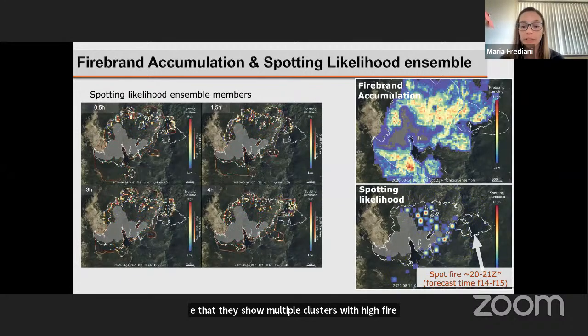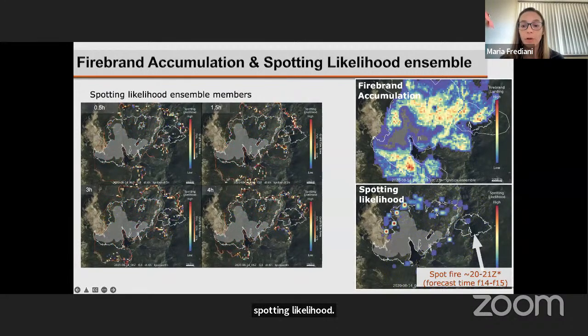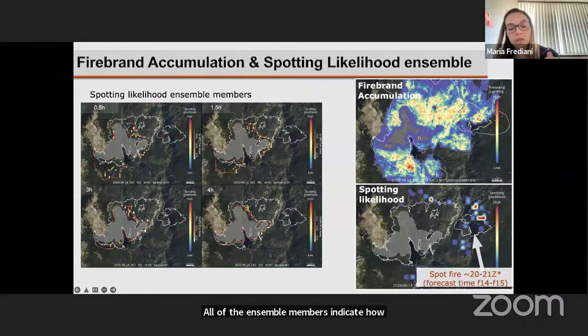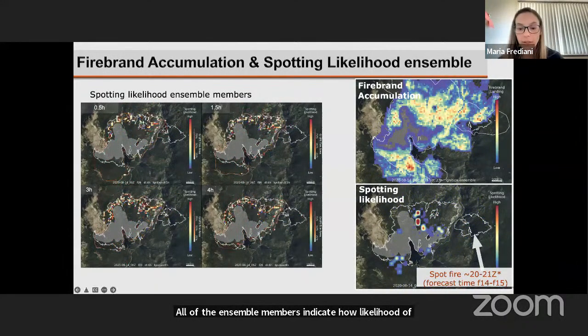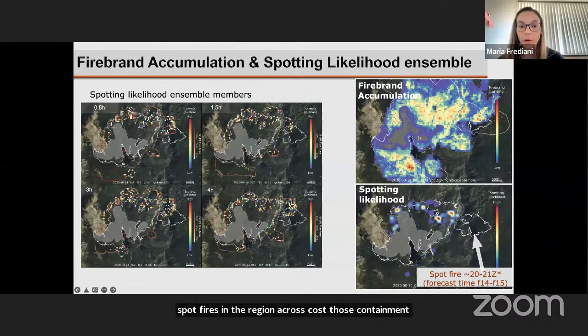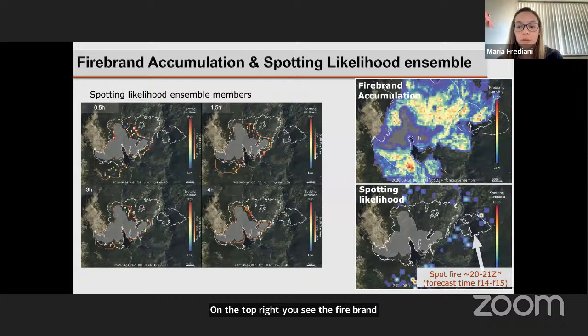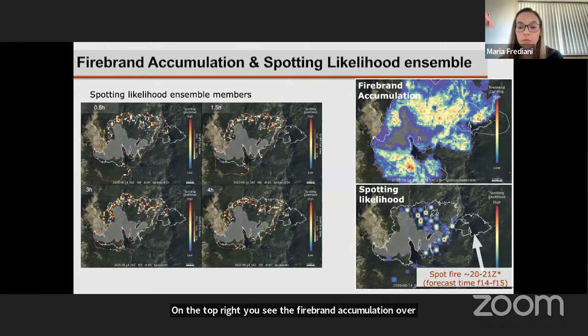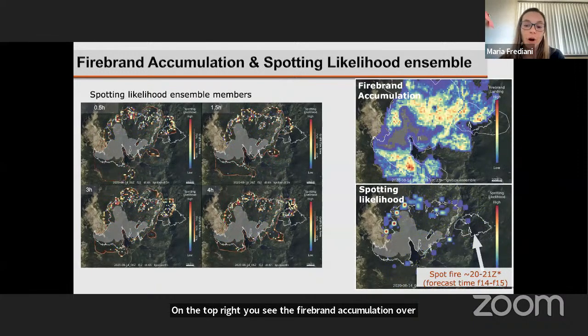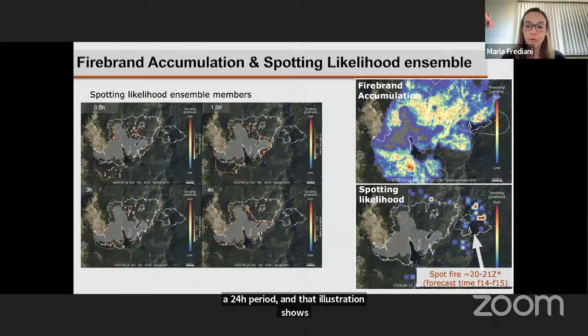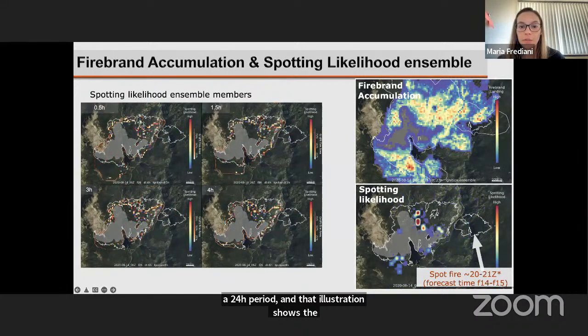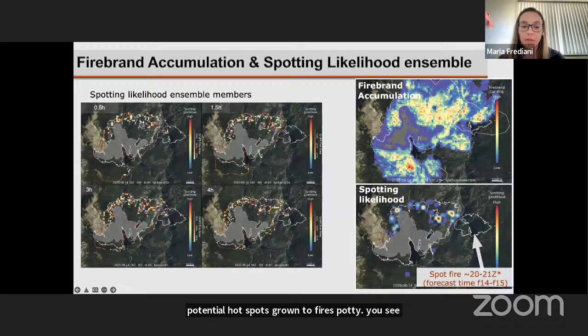All of the ensemble members indicate high likelihood of spot fires in the region across those containment barriers. On the top right, you see the firebrand accumulation over a 24-hour period, and that illustration shows the potential hotspots prone to fire spotting. You see 3 main regions here across those barriers.